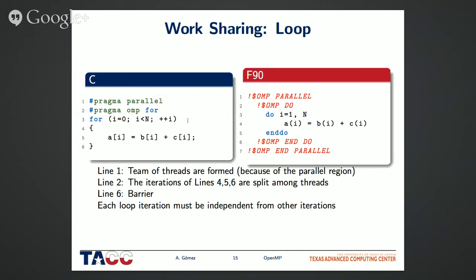In this case, we are creating the number of threads according to our environment. And the for loop that we have here distributes the iterations of the loop between the threads that we just created. We can see again the difference in syntax between Fortran and C: in Fortran we had to specify the end of each region, while in C we don't have to specify anything at all.